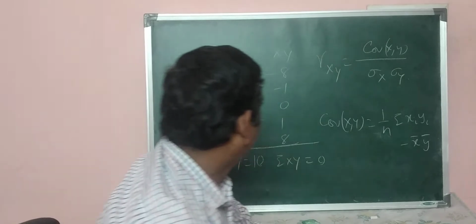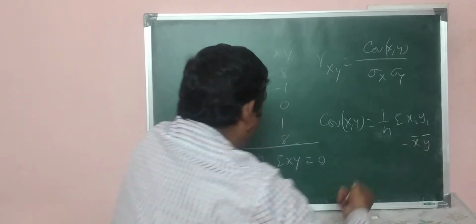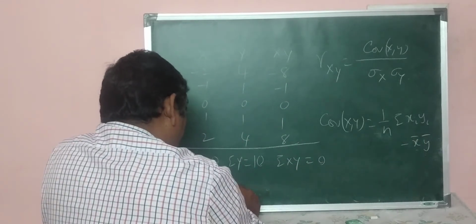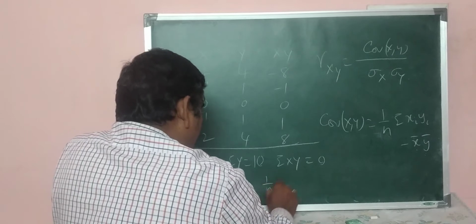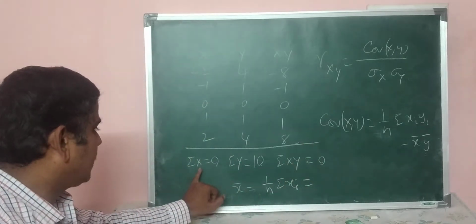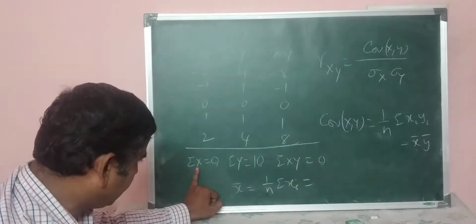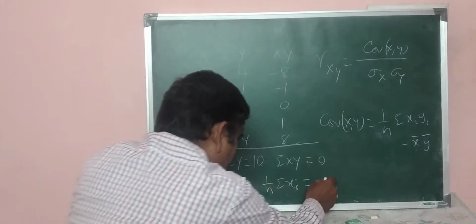To calculate this, I calculate x bar, which is enough. X bar is 1 by n summation xi. Since summation xi is 0, therefore x bar is 0.